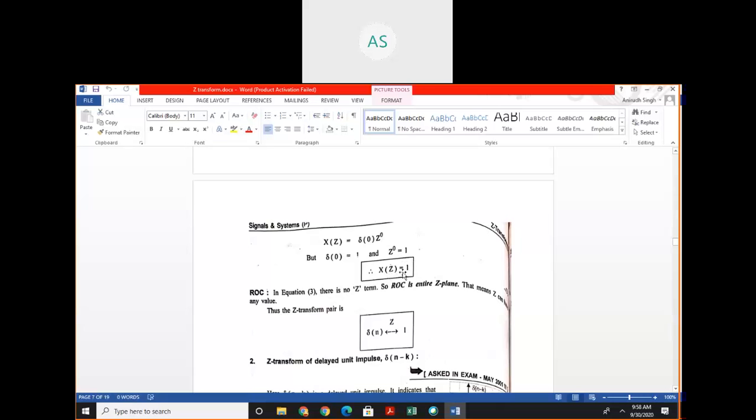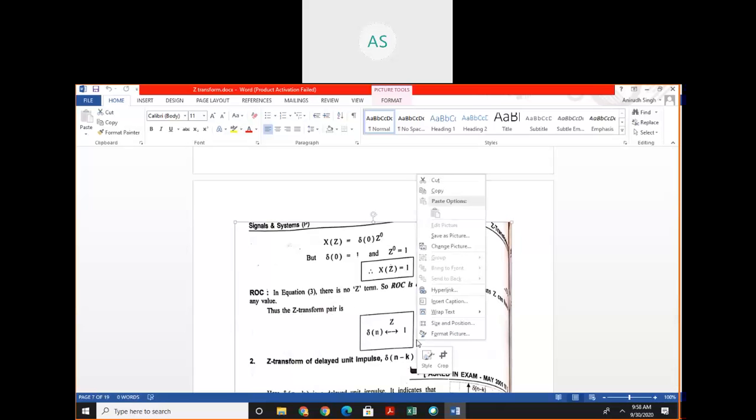Since this impulse function exists only when the value of n is 0, putting n equal to 0, we get this expression, and the value of this is 1, so we get x of z is 1.